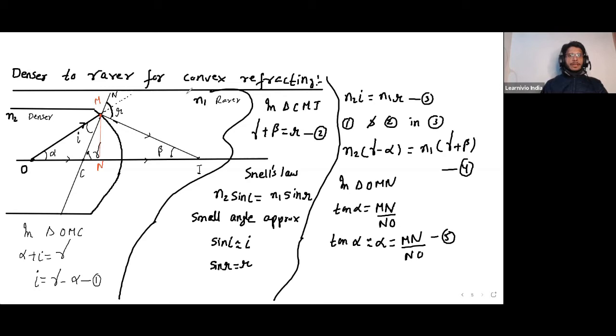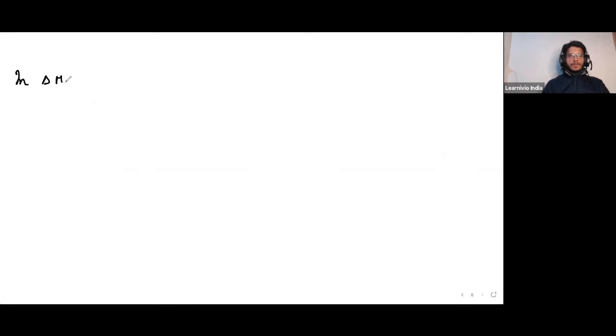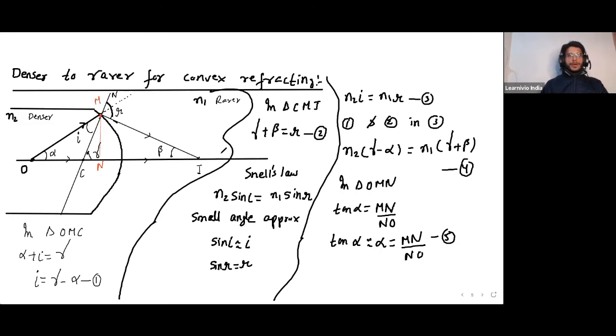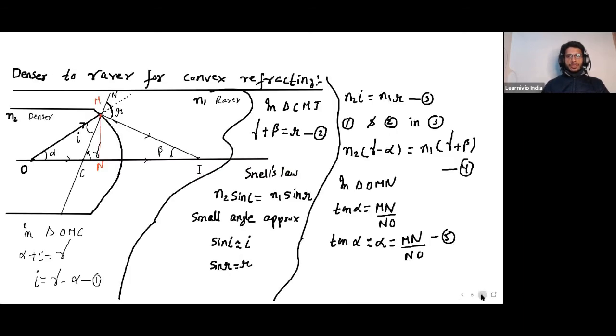Next, we can calculate beta. For beta, we can use triangle MNI. Tan beta is approximately equal to beta, which is equal to perpendicular upon base, MN by NI. It's MN divided by NI. This is equation number 6.